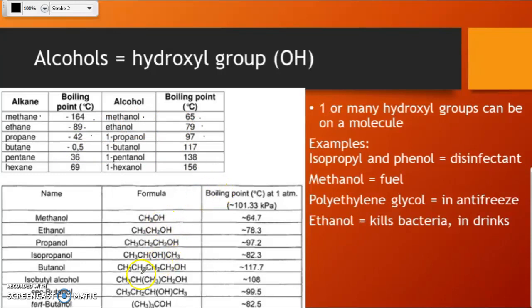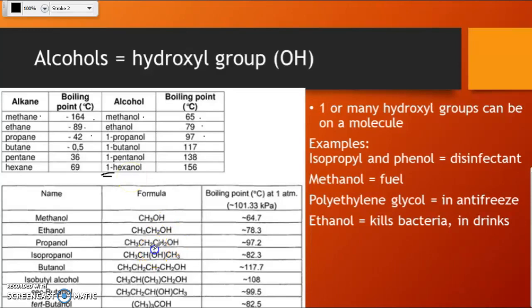All right, and then they show you the formulas down here as well. Now, again, you don't have to memorize this. The big idea is that we can obviously see a change in a property. The other thing I just want to tell you is this number in front just tells you where the functional group, in this case the alcohol, was added. So in this case, it was added to the first carbon.